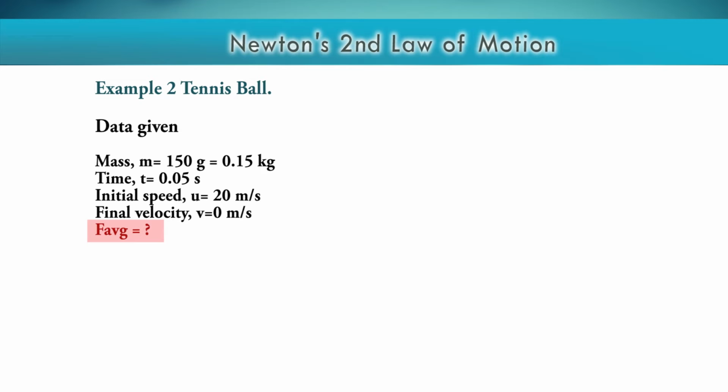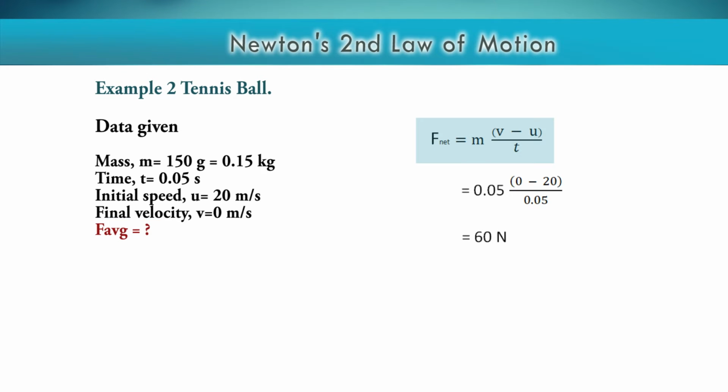So to find the average force applied, we use the formula F equals ma, or m times (v minus u) over t, and by substitution we have F equals 0.15 times (0 minus 20) over 0.05, which is 60 Newton.